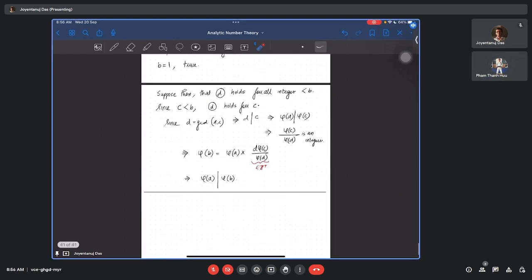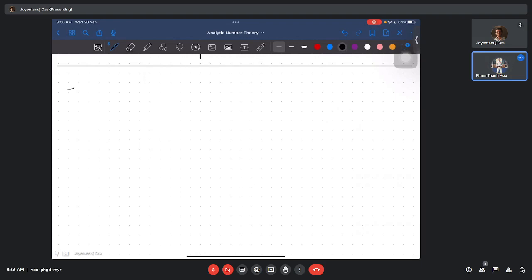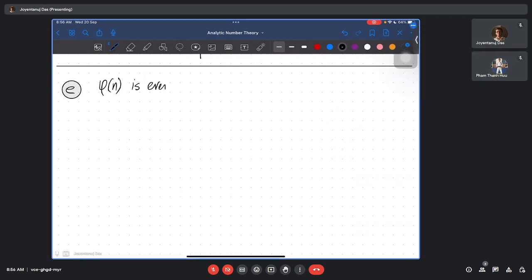Right. So the next property is: phi of n is even for n greater than or equal to 3.